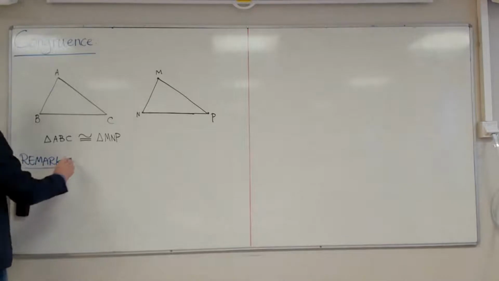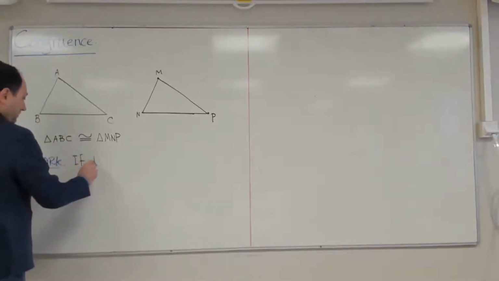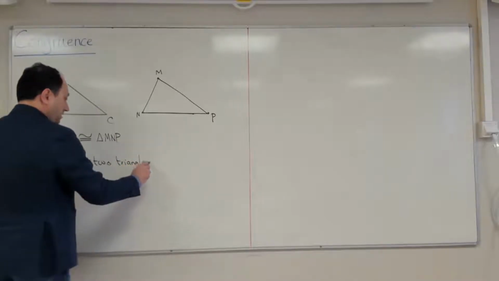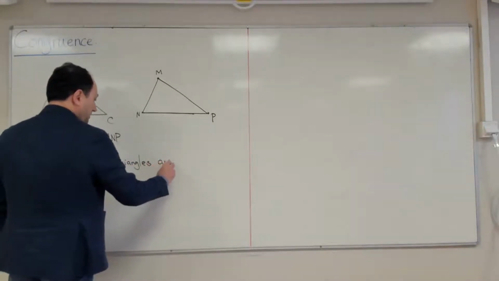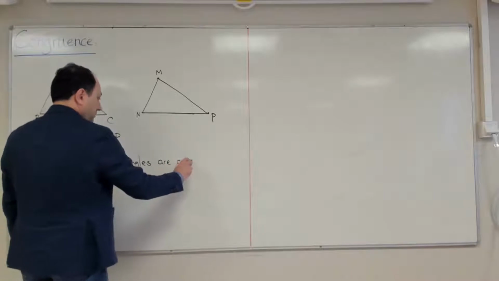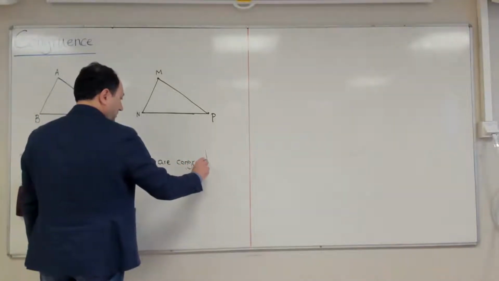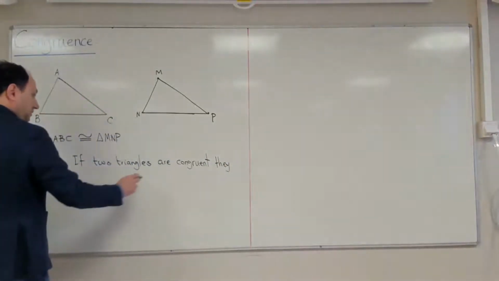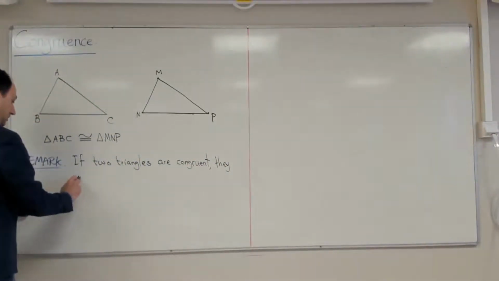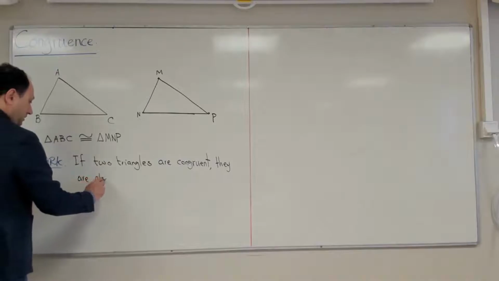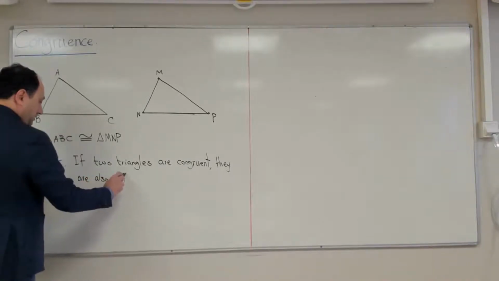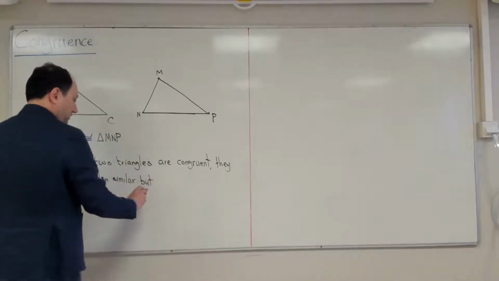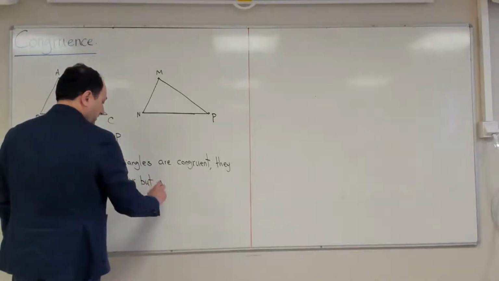If two triangles are congruent, they are also similar, but not necessarily the other way around.